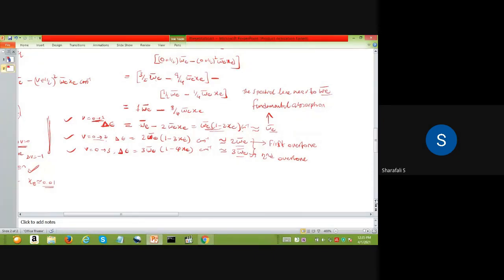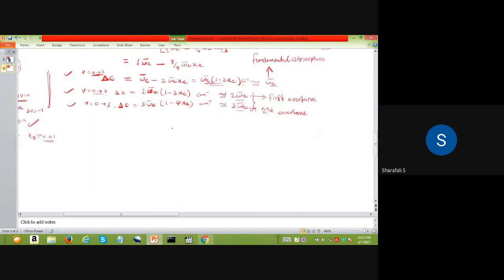And if you consider this in your spectroscopic analysis, then let's say this is your x-axis, this is in centimeter inverse, that is wave number. So let's say this is your omega E bar position, and this is your 2 omega E bar position.